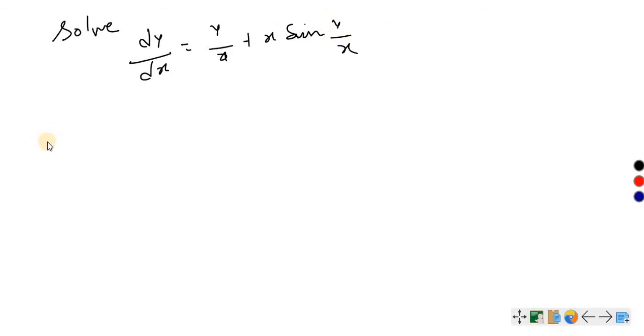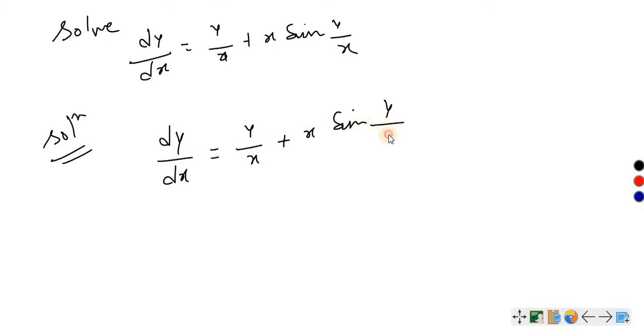So in this question you can see that the degree of this function, let me consider this as a whole function, here the degree and here the degree is same. Here the degree is 1, here also the degree is 1. So we can write the solution, dy by dx is equal to y by x plus sine of y by x. So this is a homogeneous equation.